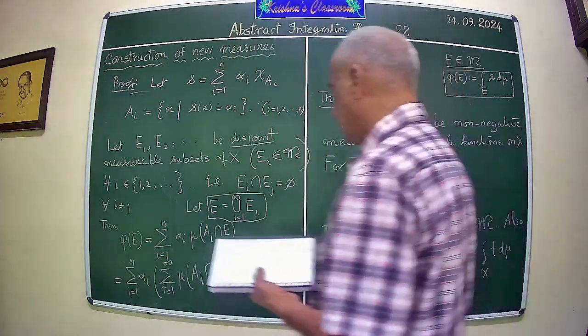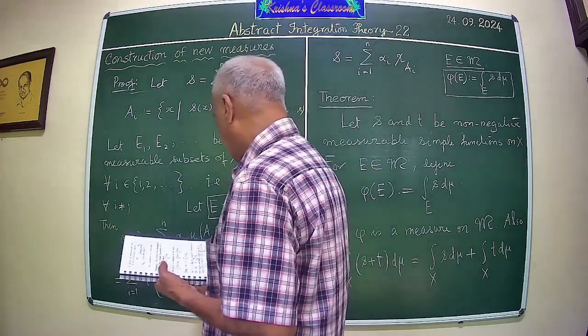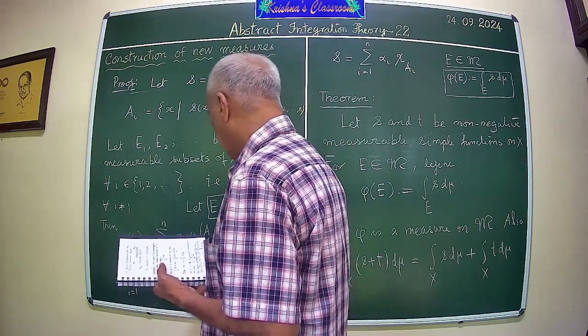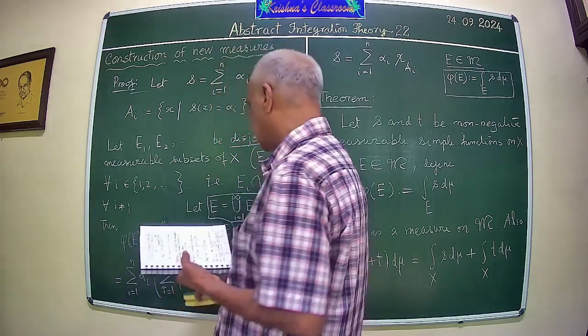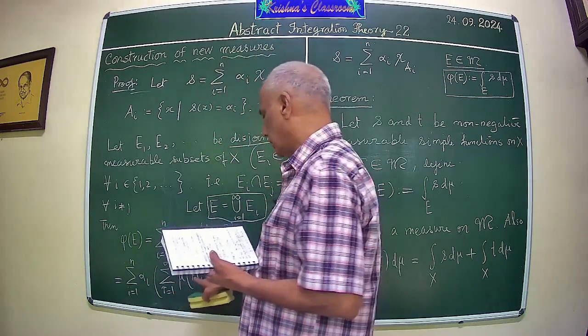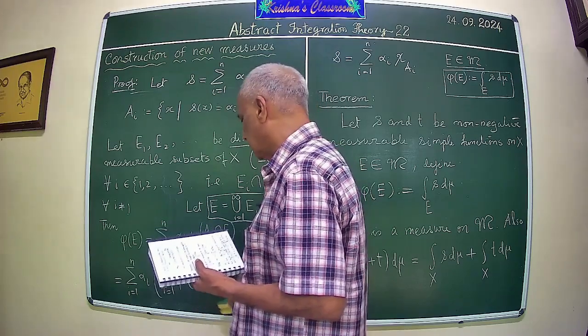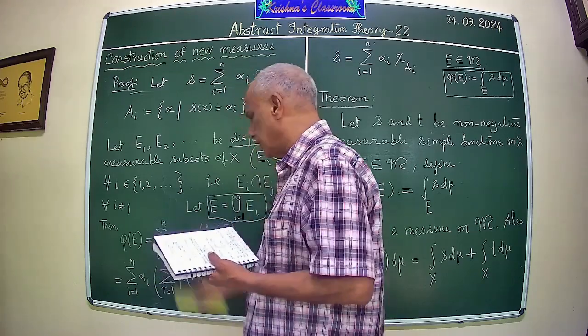Because here we are writing A_i as the countable union of A_i intersection E_r. A_i is assumed to be measurable, E_r is measurable. Therefore, this is measurable, so mu of this is well defined.